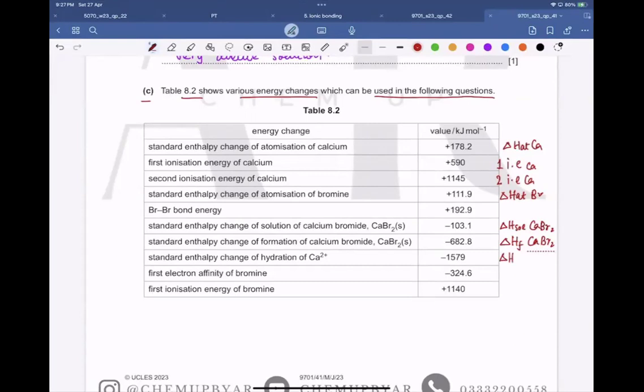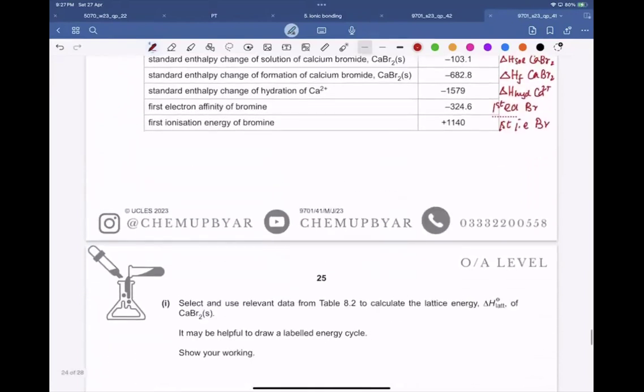Hydration of calcium ion and hydration. Okay. Electron affinity. First electron affinity of bromine and first ionization energy of bromine. So see, here the examiner tricked you. Let me show you how.